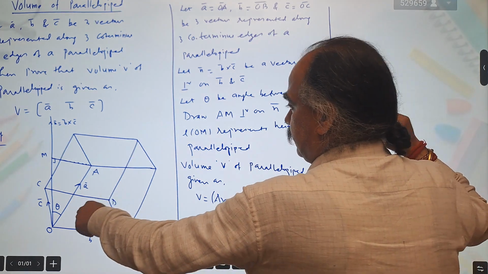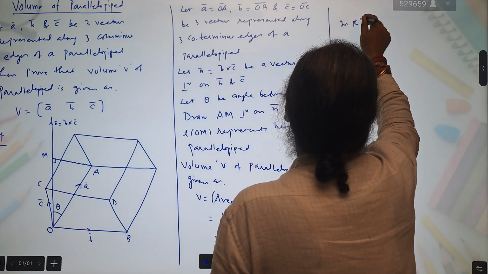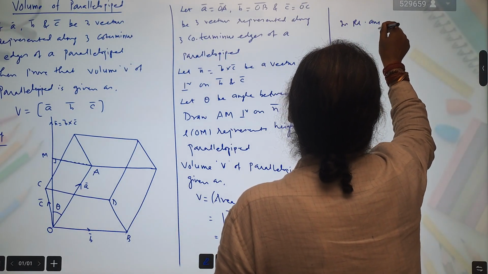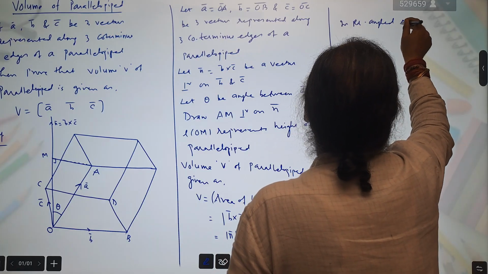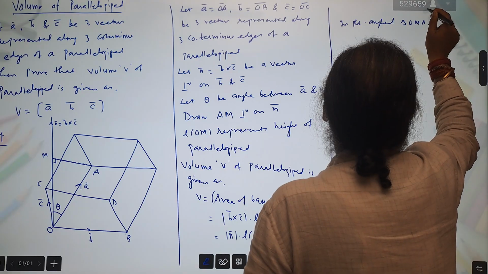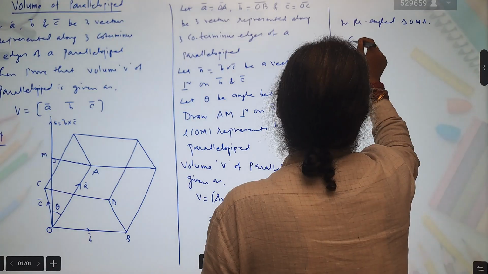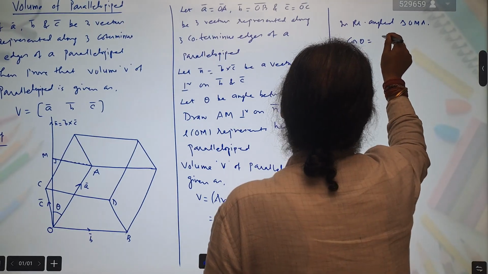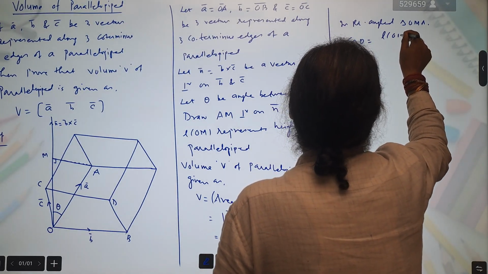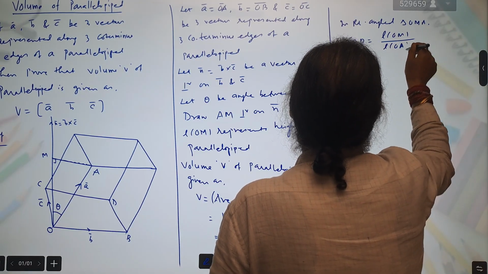In right angle triangle OMA, cos theta is equal to length OM upon length OA.